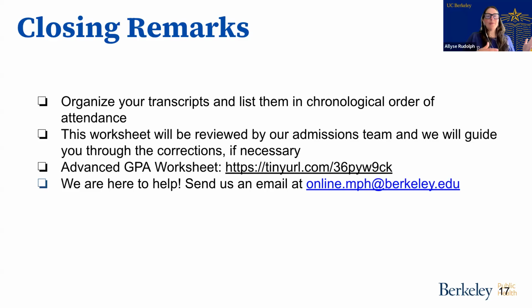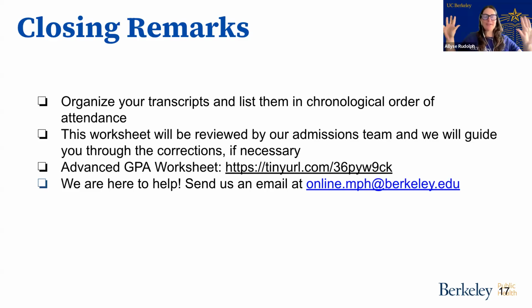And then we recommend that you organize them chronologically. You can print them and lay them out in front of you, or just make sure that you have them pulled up on your computer in chronological order. And then make sure you have the GPA worksheet ready as well.